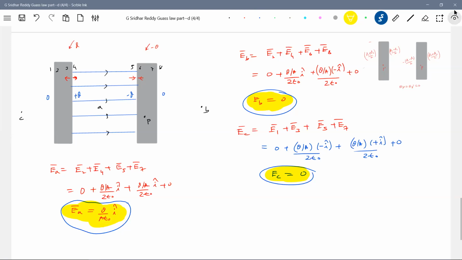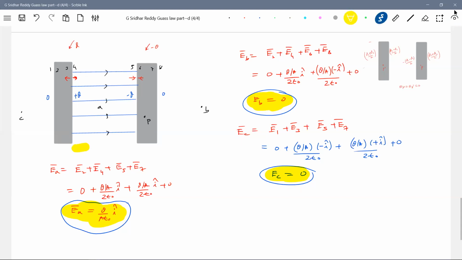This may cause more confusion. Like a positive charge, you put a negative sign; a negative charge, positive sign. Looking at the charge, the direction of the field is indicated. Here, based on the direction of the field, we are giving the sign. Am I right? The field is only confined between the plates here.